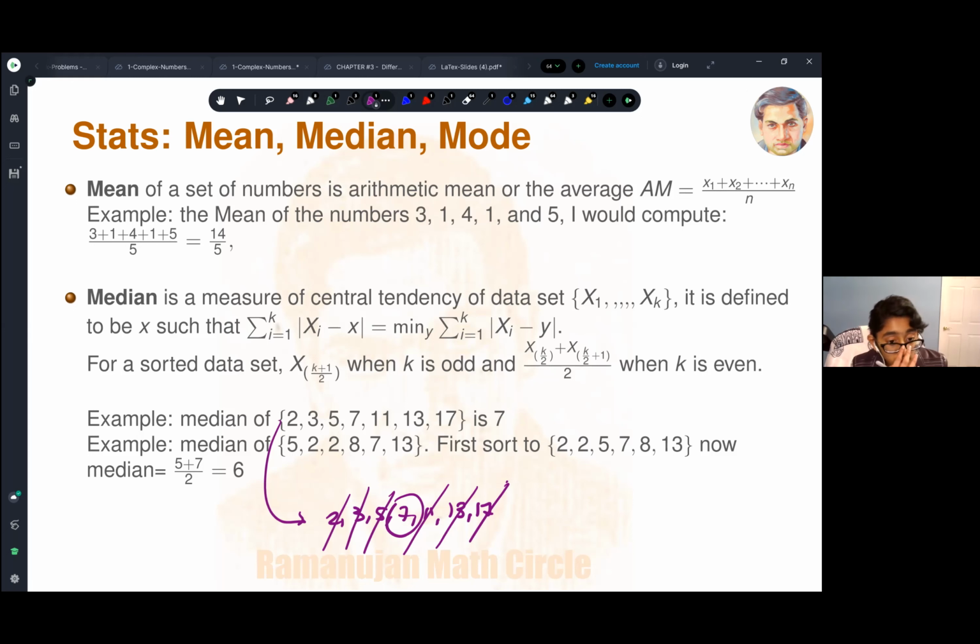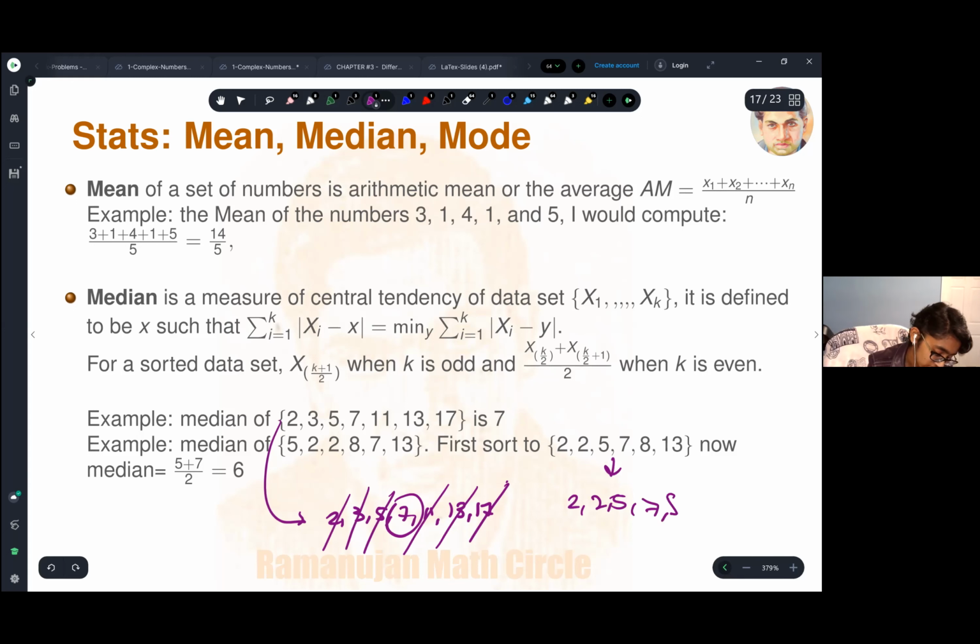Now, for those of you thinking, if there's an even number of numbers, there'll be two in the middle, right? For example, let's do this one. Remember, for median, always sort your list, because if you don't, that's not your median, that's something random. So 2, 2, 5, 7, 8, 13. If we cross, we end up with 5 and 7 in the middle. Which one is our median? Neither of them is, because when you have two numbers left in the middle, you average them.